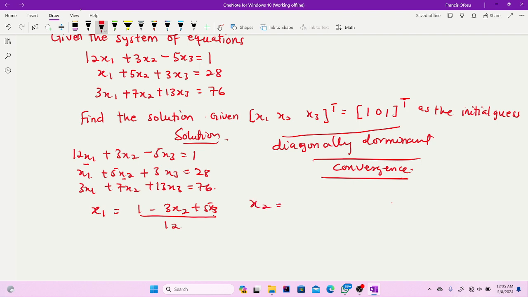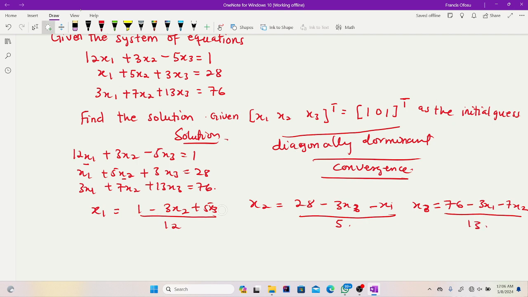My x2 becomes 28 minus 3x3, then minus x1, all over the coefficient of x2, which is 5. Then x3 is equal to 76 minus 3x1 minus 7x2, all over the coefficient of x3, which is 13.